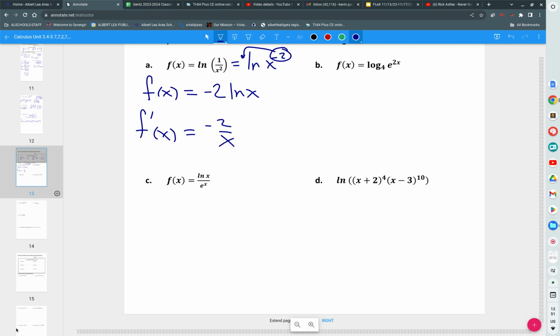In this situation here, you can do the same thing. We have f prime of x is equal to, notice you have e to the 2x. So what can I do with the 2x? I can bring it out front, can't I? 2x times the logarithm base 4 of e.